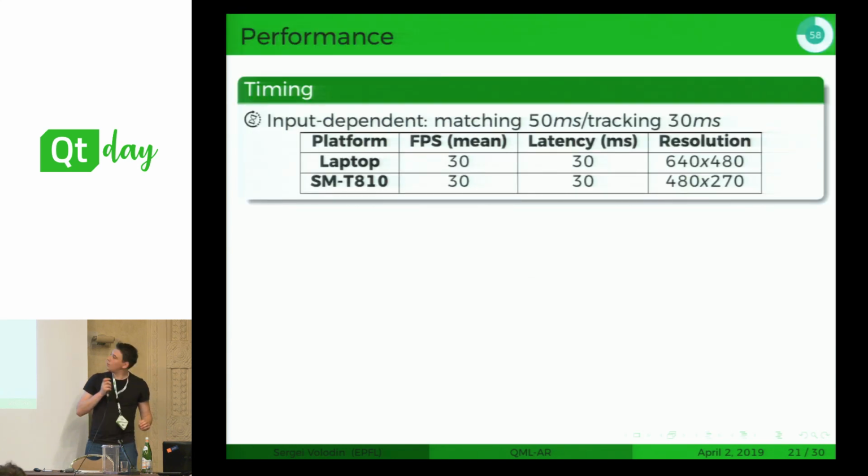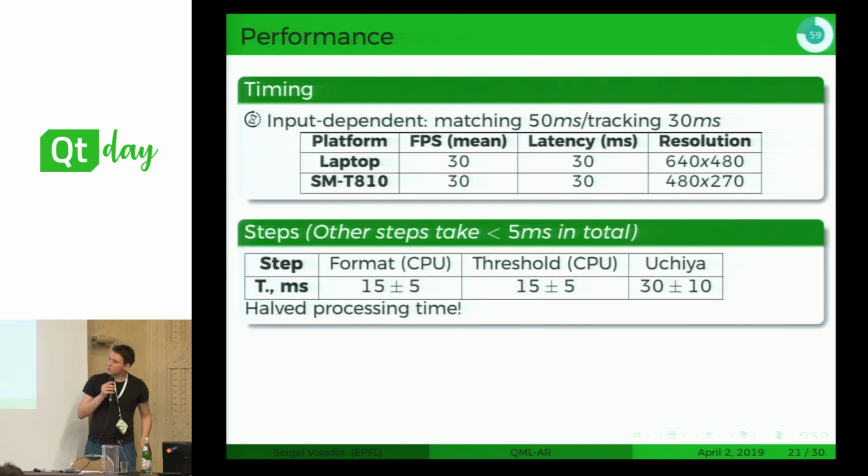Okay, so the results are quite good. These numbers might not tell much, but in the demo we'll see that it looks pretty good. And in this table, you can see what actually made this difference. Here we have format conversion.